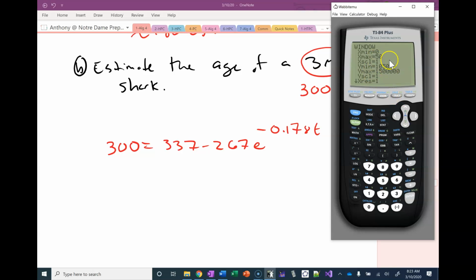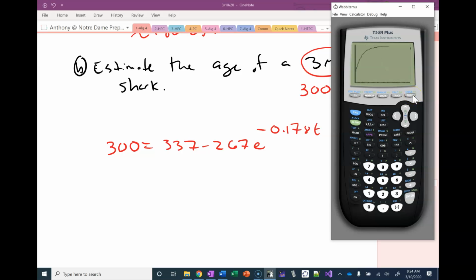My minimum length for a shark, well, that's probably 0, since a zero-length shark is one that just hasn't been born yet, right? And the length that I have to get higher than is 300, so I don't know, maybe 350 as my Y max. Just going to pick something bigger than 300.